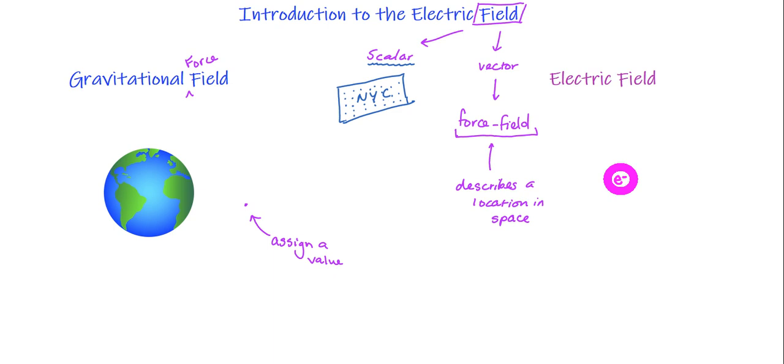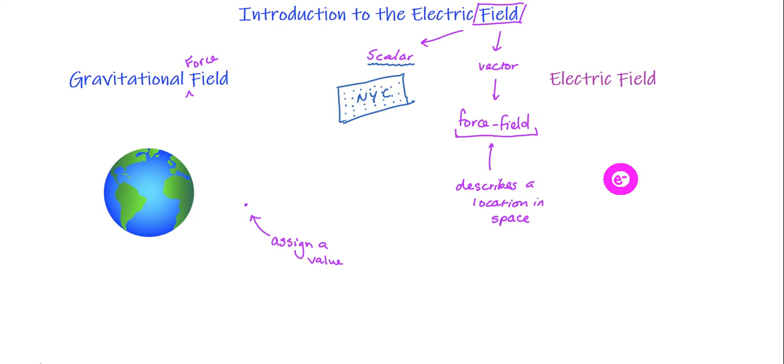So it can become very, very meaningful and very useful to describe things as fields rather than individual values at specific places. So it's almost like having a more generic value to help us understand what the overall picture looks like in a certain space. And that picture could describe many different things. In the example I just gave of the New York City example, it would be the temperature at every place. So let's jump to the gravitational force field.